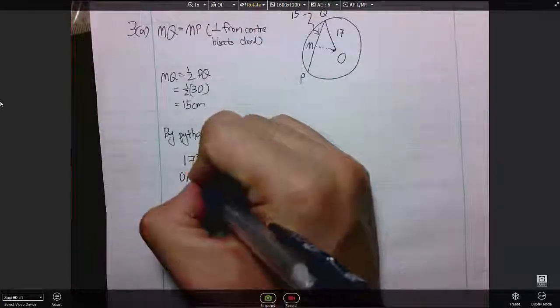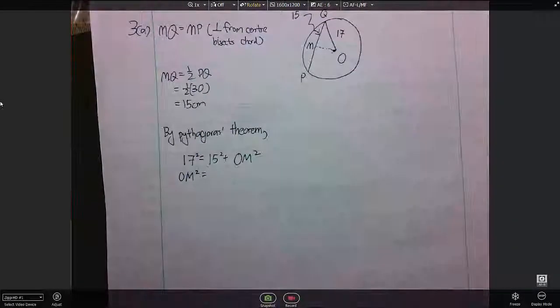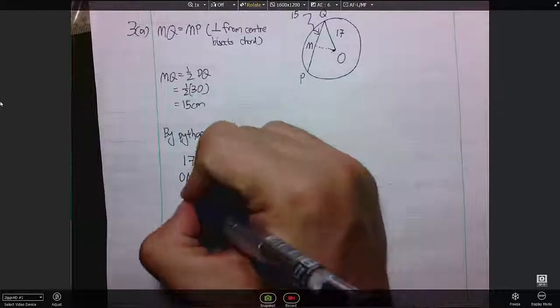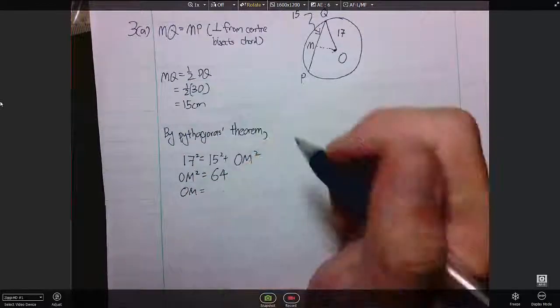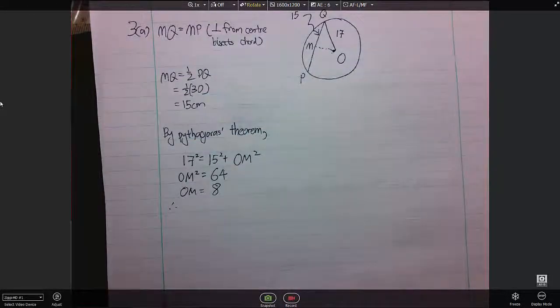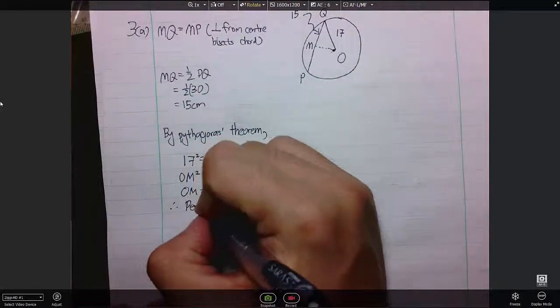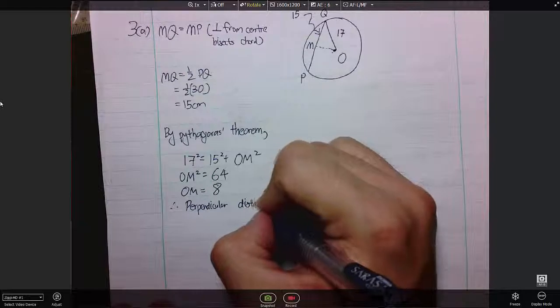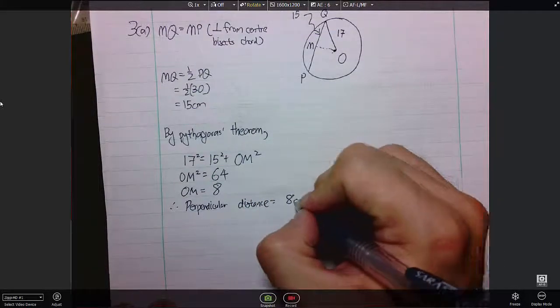We just rearrange the equation around. OM squared is equal to 64. You square root both sides. OM is equal to 8. So therefore the perpendicular distance is equal to 8 cm.